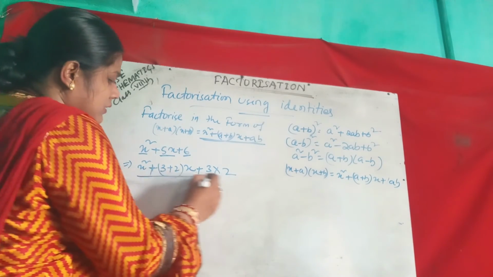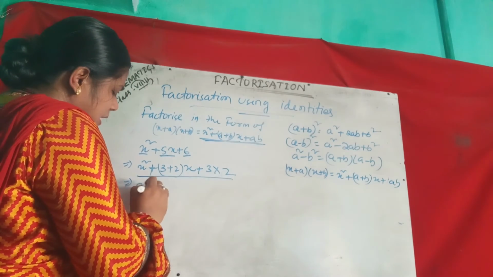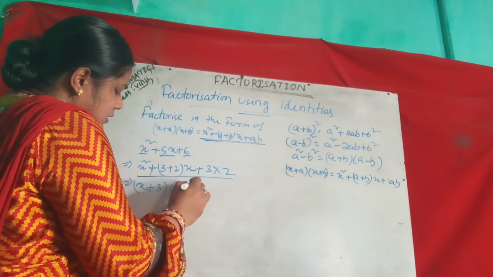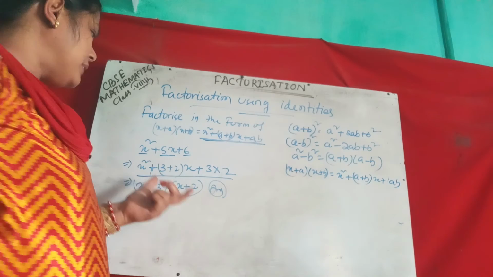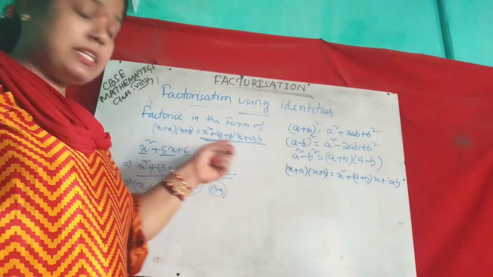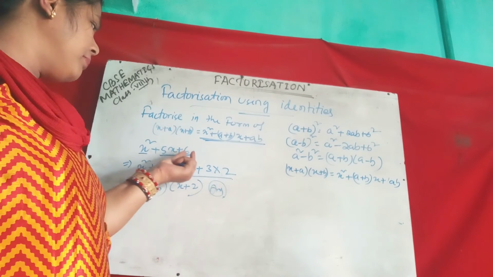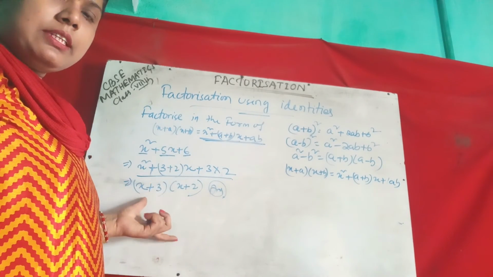So factorizing, x plus a means x plus 3, x plus b means x plus 2. So this is your answer. You try to convert the given expression in this way, by finding numbers that add to 5 and multiply to 6.